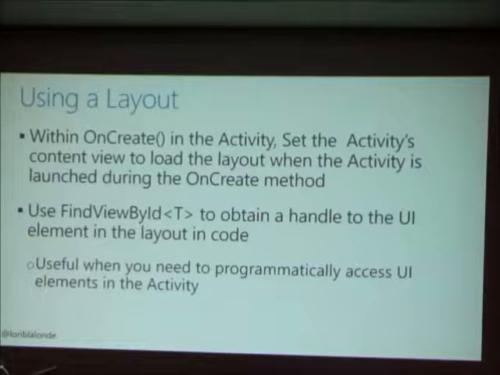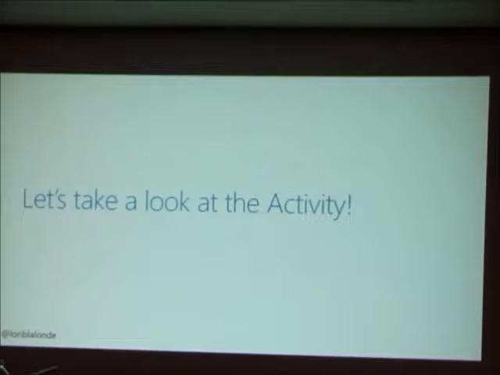Once you have the handle to your text view or button or whatever, you can affect change in it by programmatically setting its properties. You can wire events to it in the code behind as well, and interact with it how you need. So let's take a look at that.